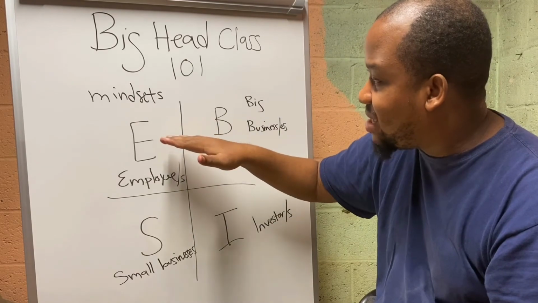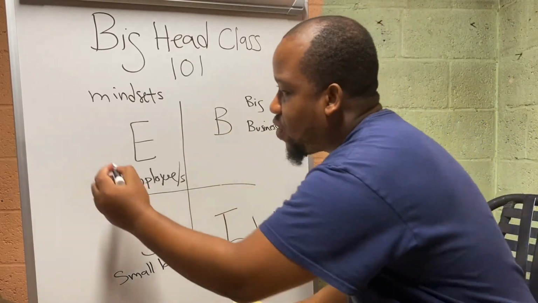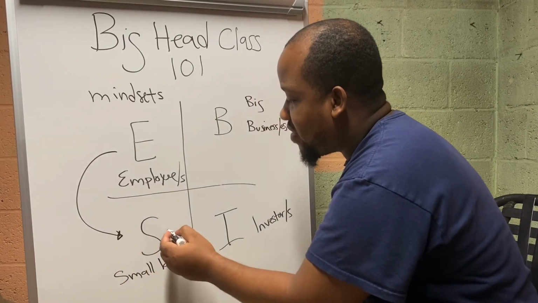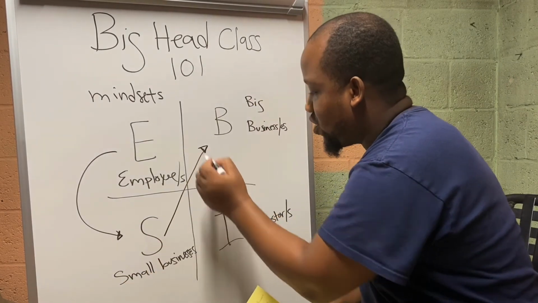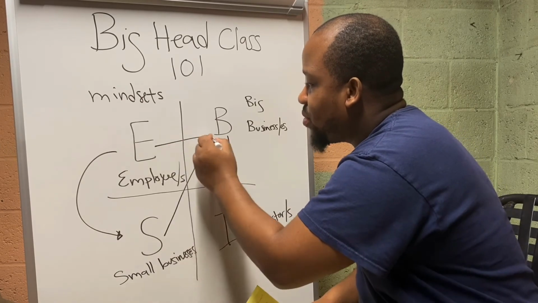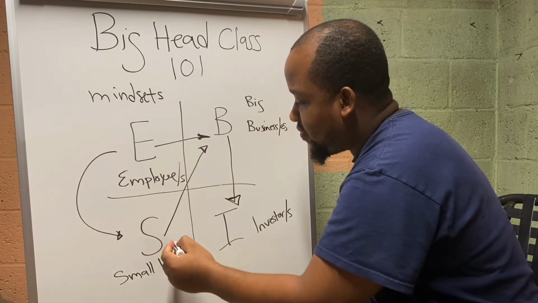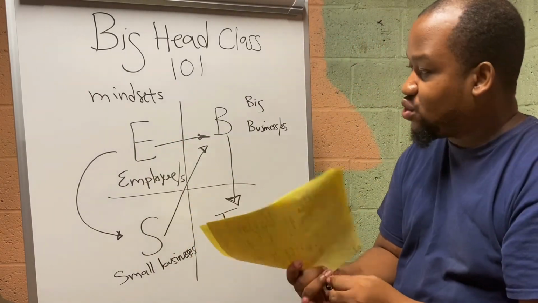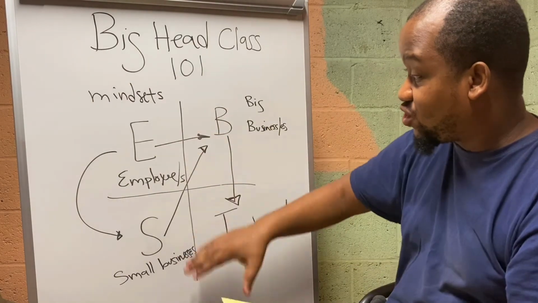If you want to go from the E to the S, how are you going to do that? If you want to go from the S to the B, how are you going to do that? From the B to the I? There are so many ways, and you have to train your mindset to do that.